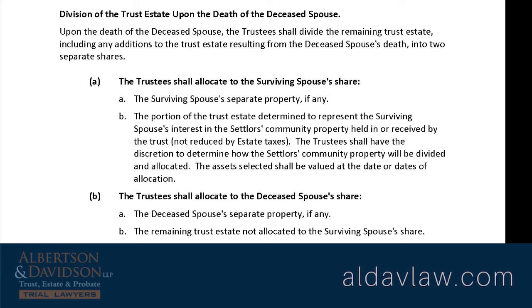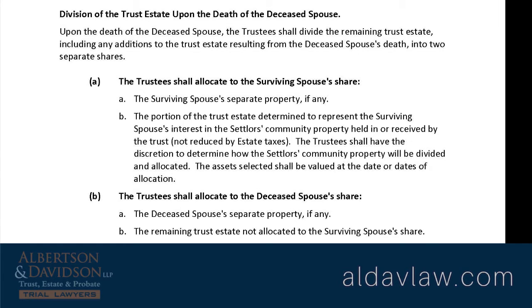Under sub A, the trustee shall allocate to the surviving spouse's share the surviving spouse's separate property and the portion of the estate deemed to be the survivor's one half of the community property. Then the trustee shall allocate to the deceased spouse's share the deceased spouse's separate property, if any, and the remaining trust estate that's not allocated to the surviving spouse's share.